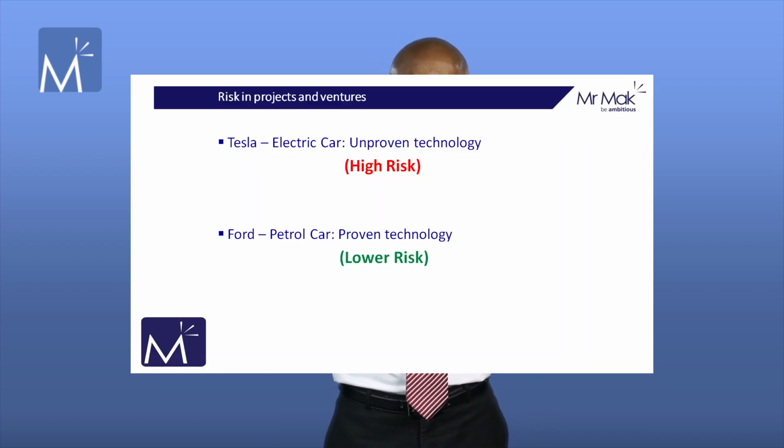If we had to look at two companies, simplistically, Tesla is in the process of manufacturing and rolling out mass production of electric cars. Its technology is relatively unproven. You could argue it is a higher risk if you had to invest in it because Tesla does not have a proven track record in the mass production of electric vehicles.